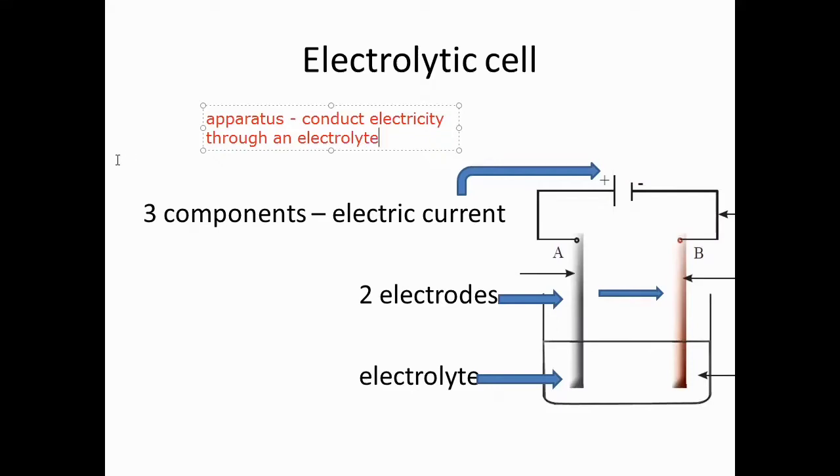It consists of three components. The first one is the electric current or electric source, the second one is the electrodes, there are two electrodes, and the third one is the electrolyte, which means the liquid or solution which conducts electricity.